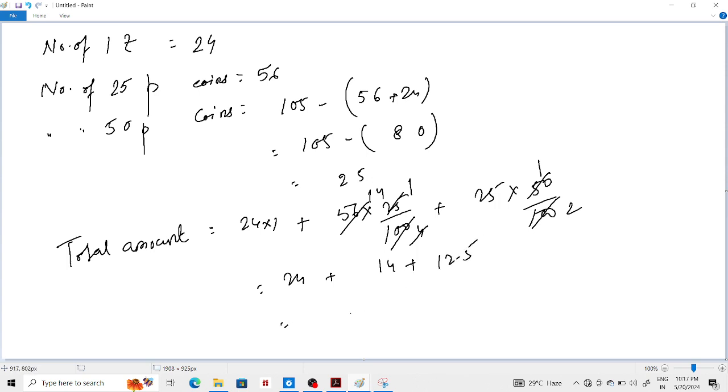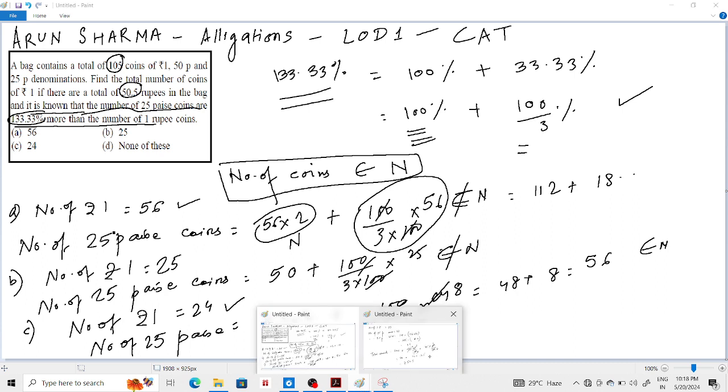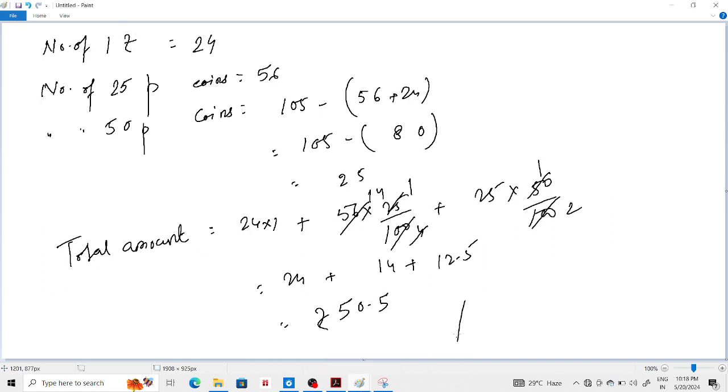So if I add all of them, I'll get 50.5, which actually satisfies this particular information 50.5. Hence we reach to our answer, which is option number C.